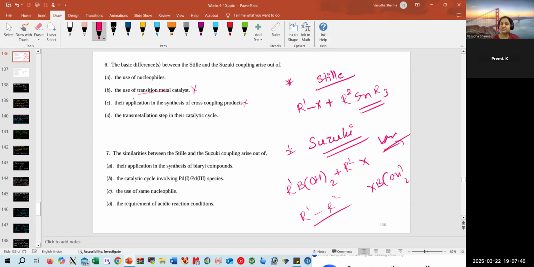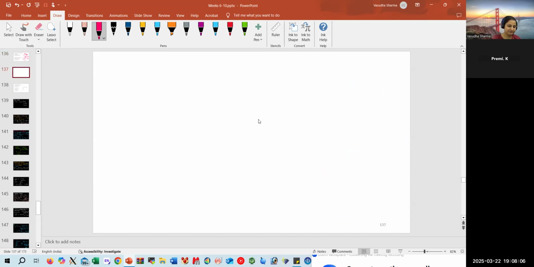In the Stille reaction, the basic difference is firstly the nucleophiles or the bases that they use, they are different for both reactions. Secondly, the transmetallation step, as I was mentioning, in the coupling reaction mechanism you see the transfer of the R2 group to palladium. For example, you have a palladium, and here you have R1, you have X here, you have a ligand and ligand.